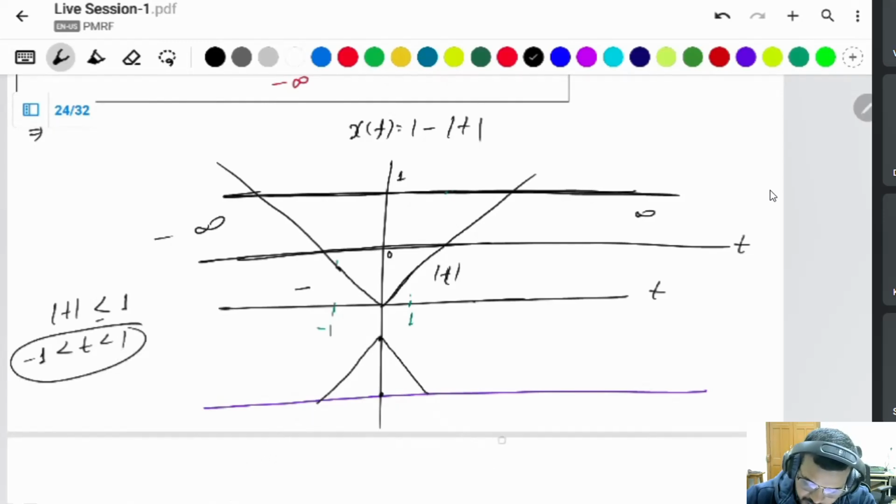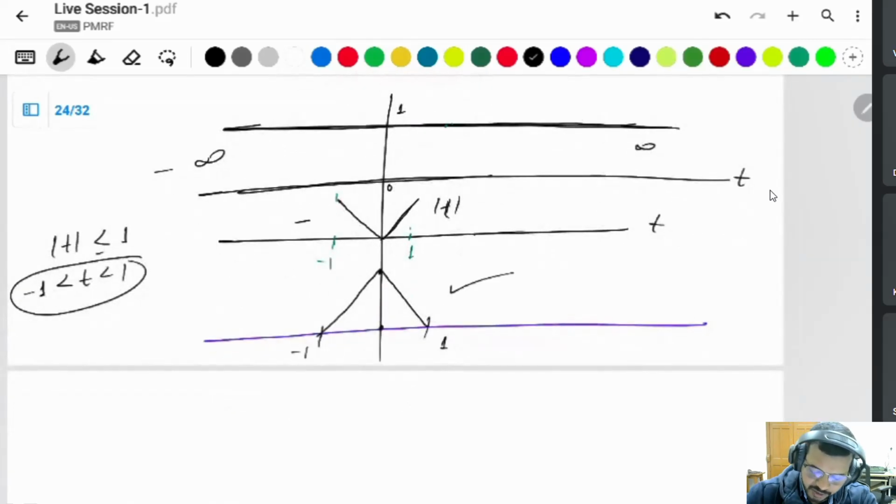That's why the rest is cancelled out. This is your signal: x(t) is this one, from minus 1 to 1.